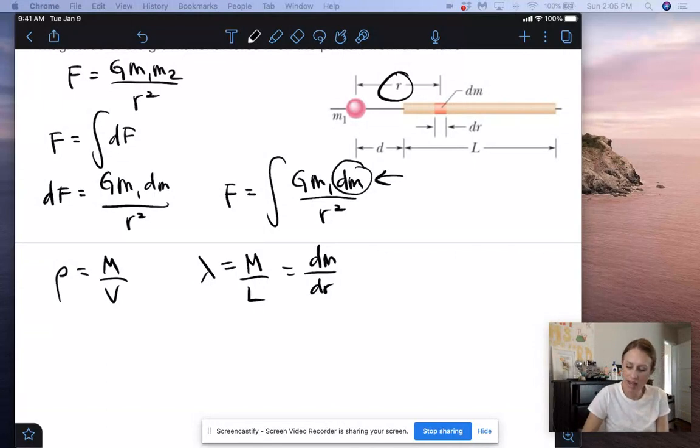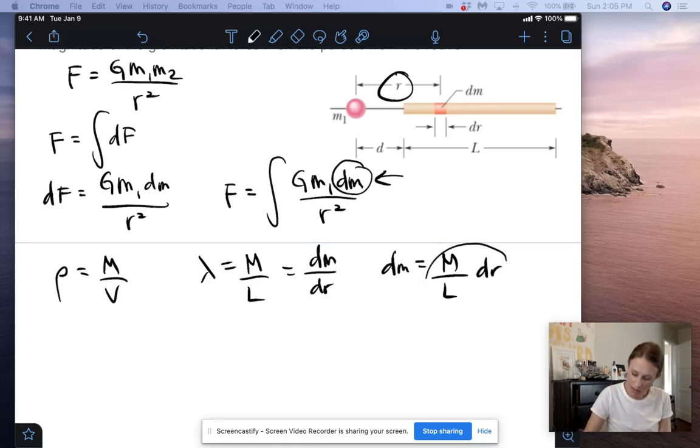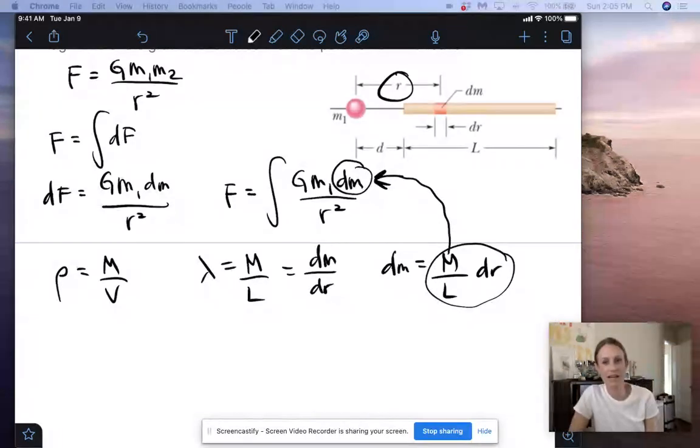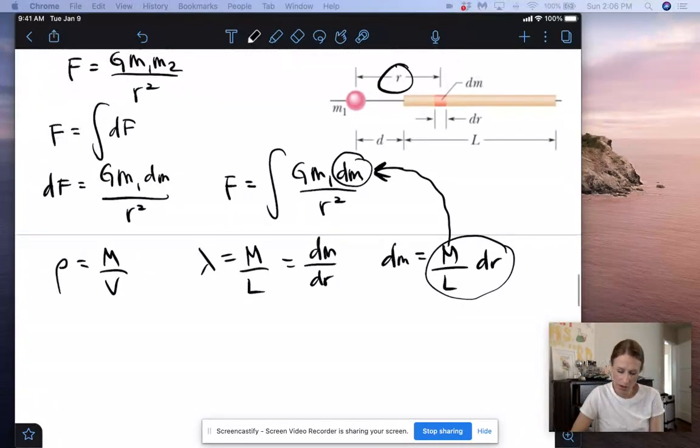Solving for dm, dm is equal to big M over big L, the total mass of the rod divided by the total length, multiplied by dr. I can plug that in for dm to get my integral in terms of dr.